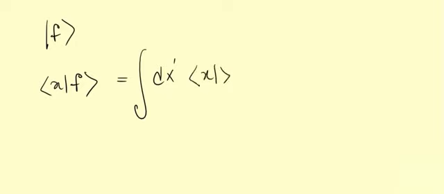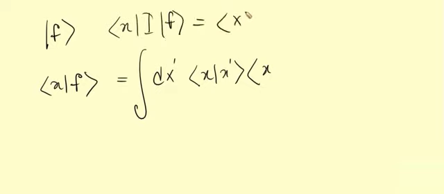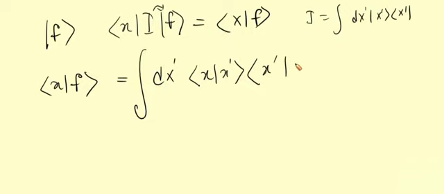So this will be written as x prime over here, because this x I f is the same thing as x of f. This is the identity operation, and instead of the identity operation, I'm now introducing the completeness relation, that is integral of x prime, x prime, and this will be x, right?